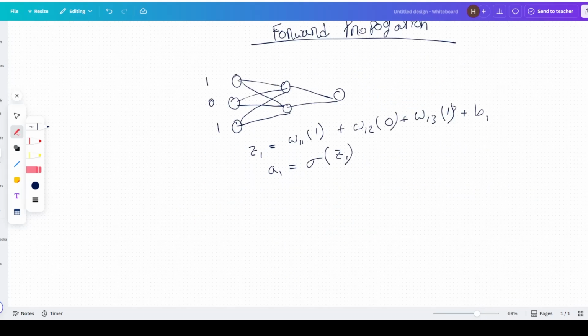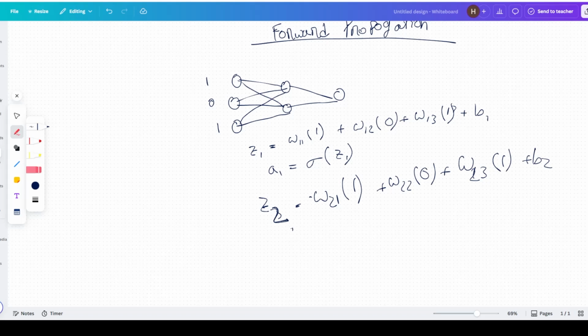Okay, now again for z2, here we will have w21 times 1 plus w22 times 0 plus w23 times 1 and our bias 2, and for the second activation function, the sigmoid of z2.